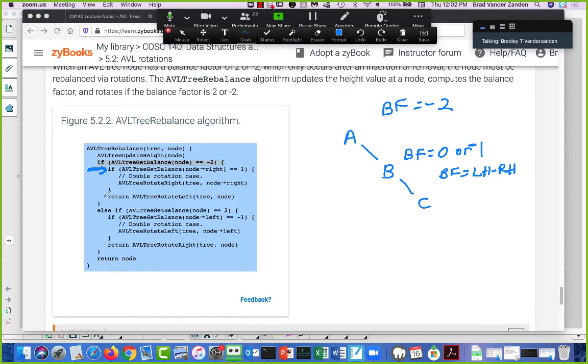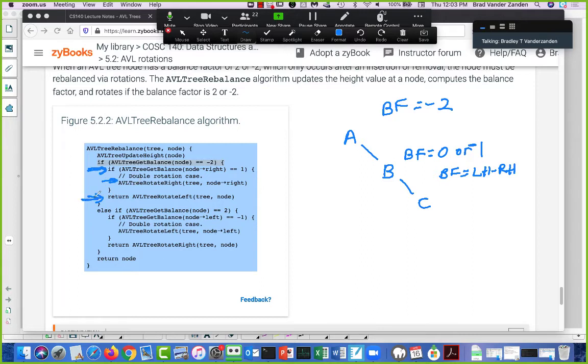But otherwise, no matter what, we do this rotation about B. So if the case is a zig-zag, we don't have to do this first rotation about the grandchild.